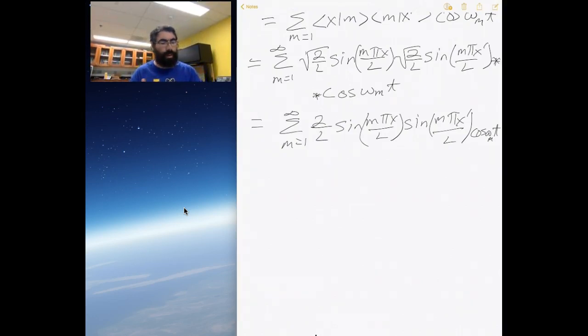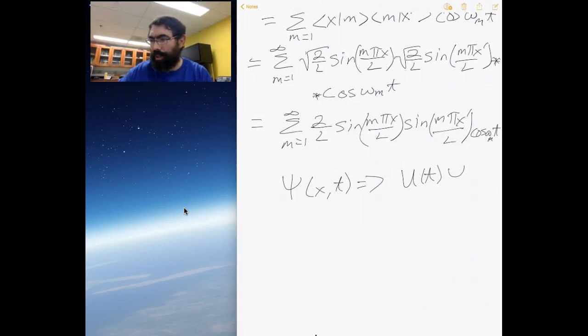Basically, all we're doing is taking this propagator U of t and applying it to the initial condition, and we can get our function psi of x at any time when we operate with U of t on our initial condition, x prime, at time t equals 0.